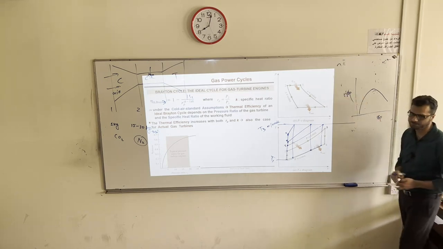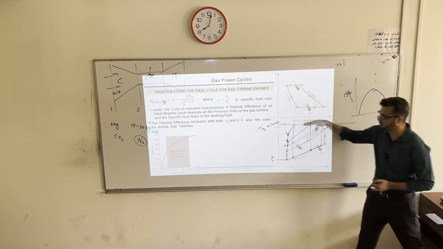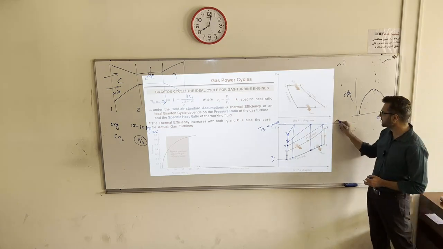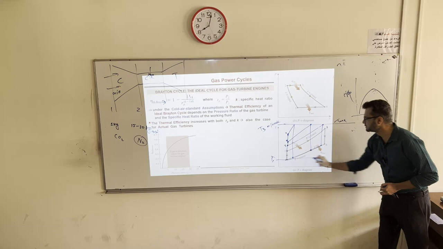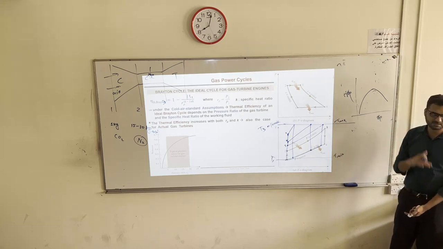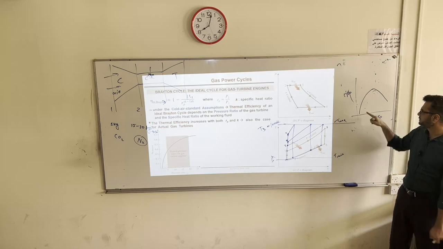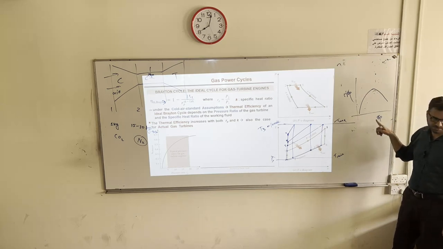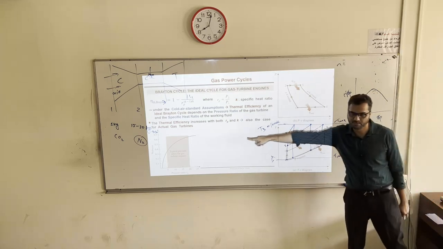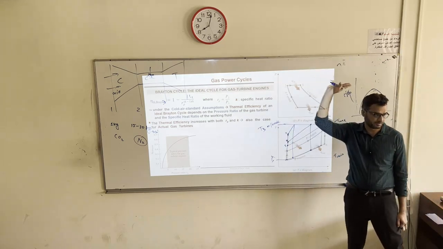RP versus efficiency. By keeping T3 and T1 fixed, means T maximum and T minimum, for a given T maximum, T minimum, by increasing pressure ratio, it will not keep on increasing. So this curve is valid when there is no restriction on T3.